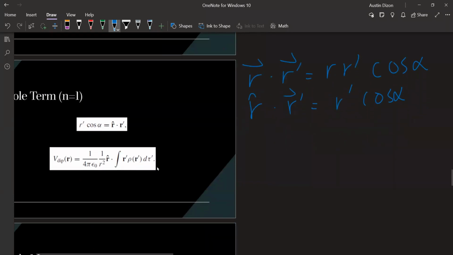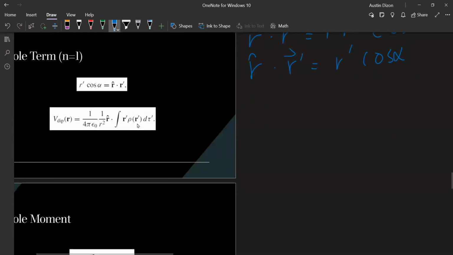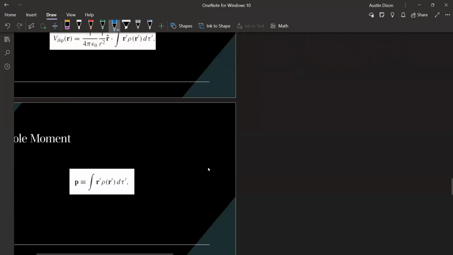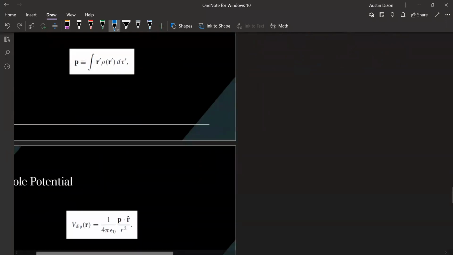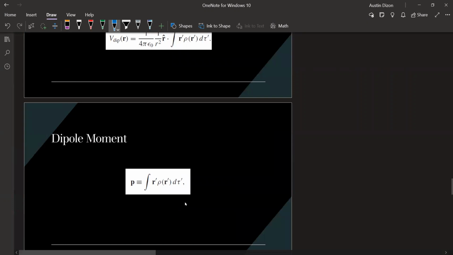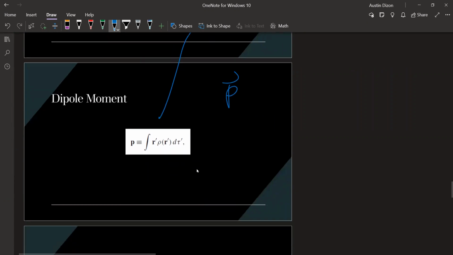Now, this integral factor, we can write as the dipole moment P. The definition of the dipole moment is this guy. Okay? P is a vector. And this is just the r prime times the charge distribution, integrated over the volume.